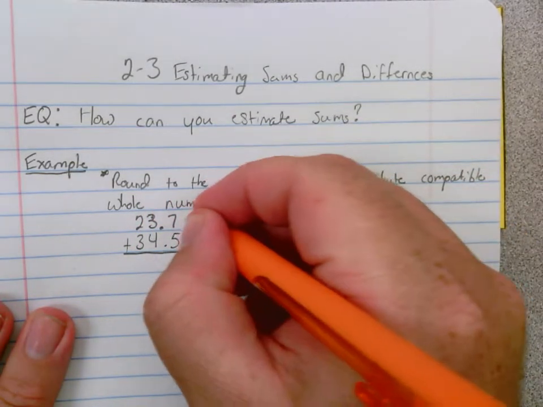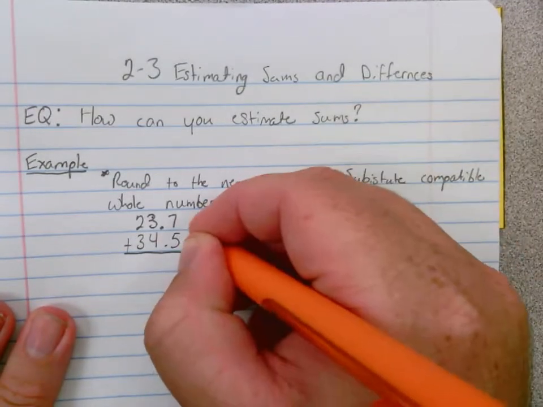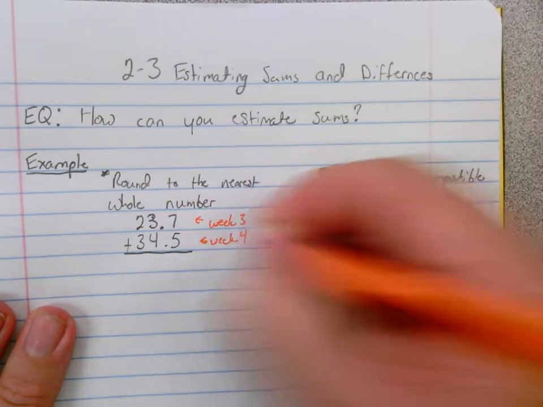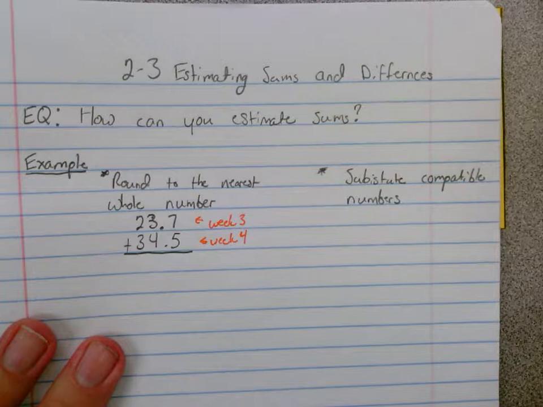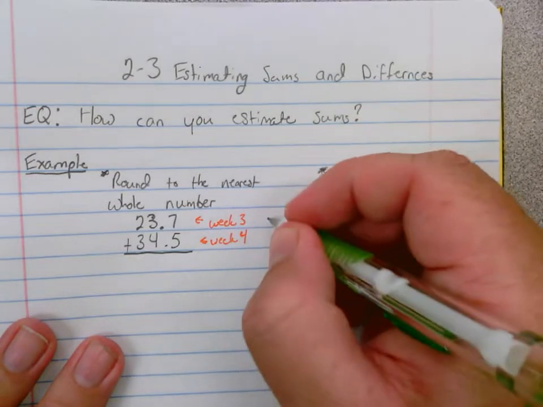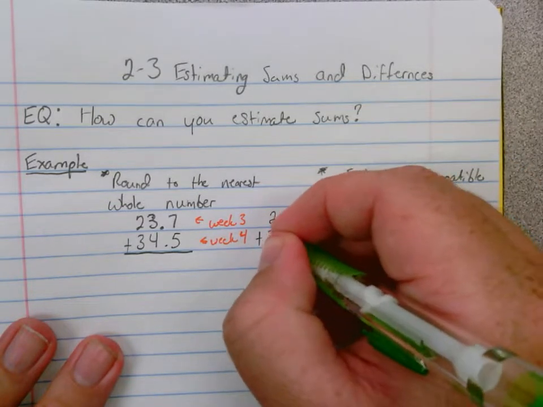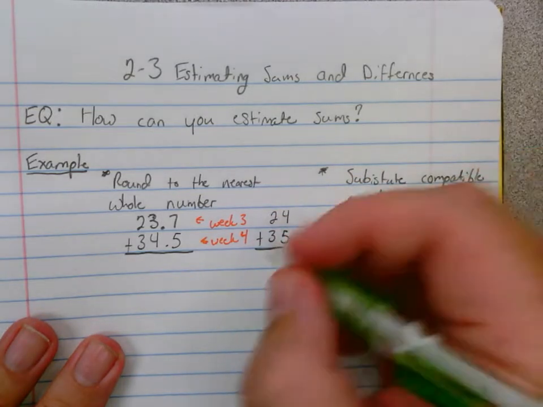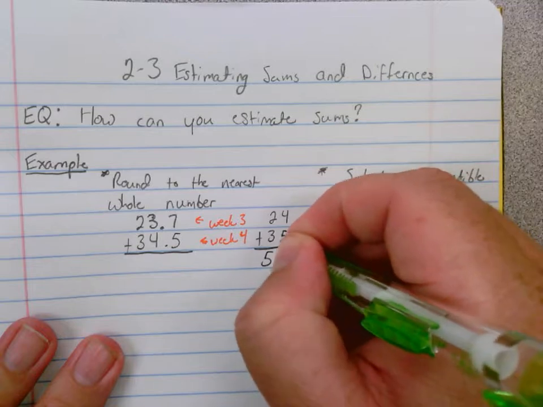I'm going to make this look fancy, so I'm going to label week 3, week 4. Now I'm going to round to the nearest whole number, so I'm going to rewrite that as 24 plus 35. And that's going to give me a sum of 59. 4 plus 5 is 9. 2 plus 3 is 5.